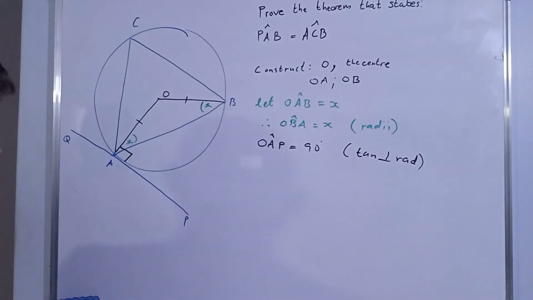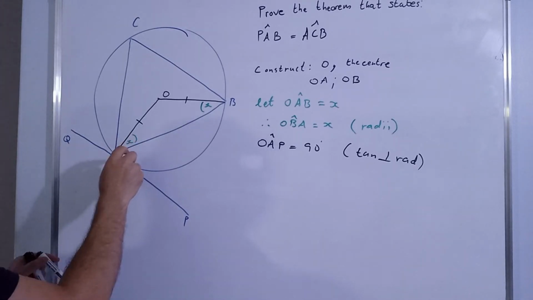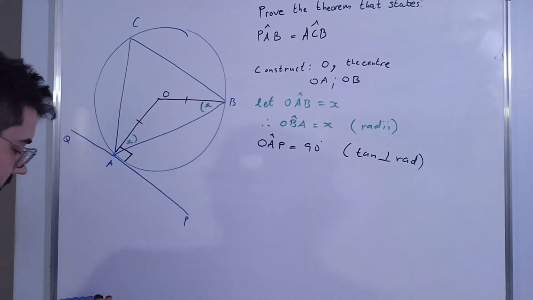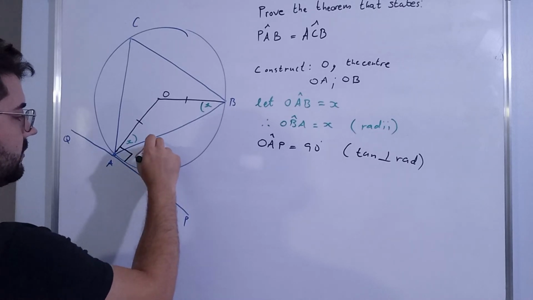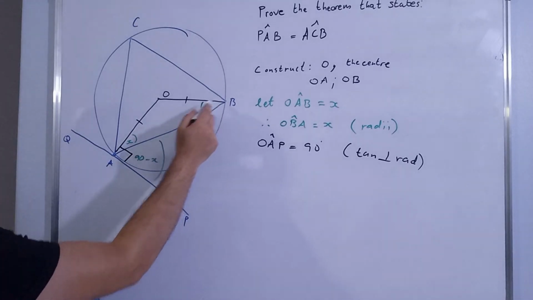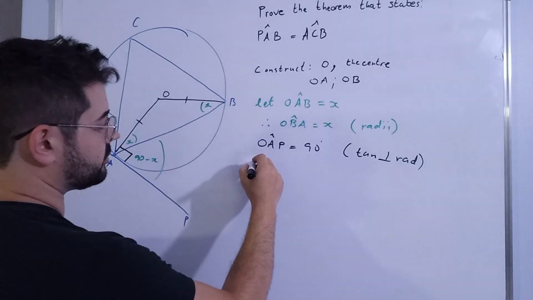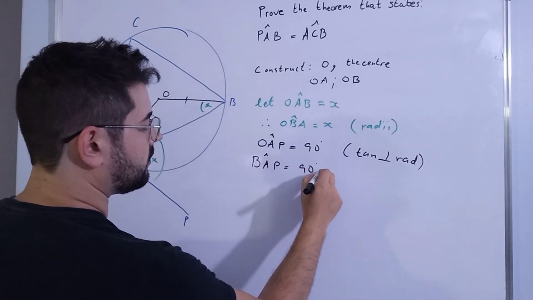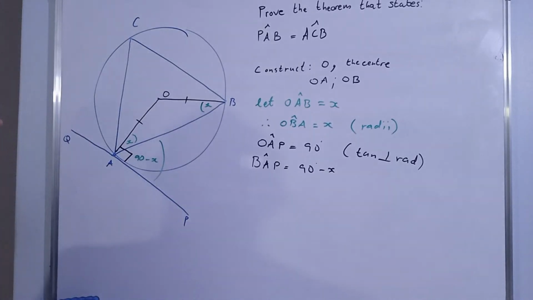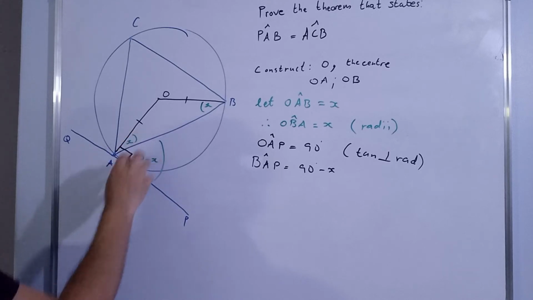Now, what that means is because this angle is x, and we've got this 90 here, we can say that the rest of this angle is 90 minus x. So I'm going to label that 90 minus x. That's that part of the angle there, and that is angle BAP. So we're just going to write that down. It's basic geometry though, so we don't need a reason there. BAP is 90 minus x. When I say basic geometry, it's evident there. We've got the 90, we've got the x, these two add up to 90.